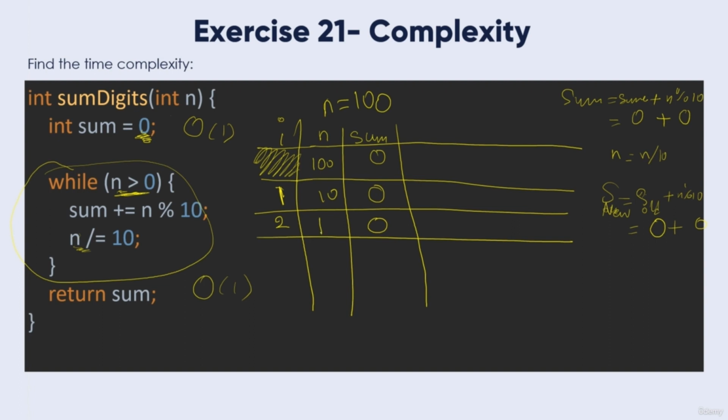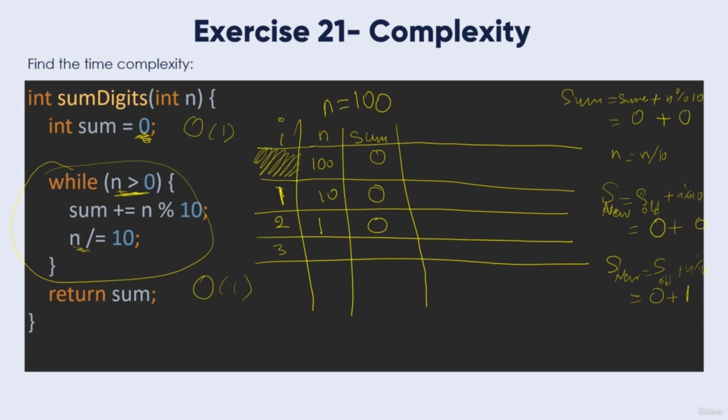Going up, n is 1. Yes, so the third iteration, n is 1. 1 greater than 0, yes. The new sum is equal to the old sum plus n modulo 10. The old sum is 0, plus n modulo 10. 1 modulo 10 is 1 because 1 is not divisible by 10.